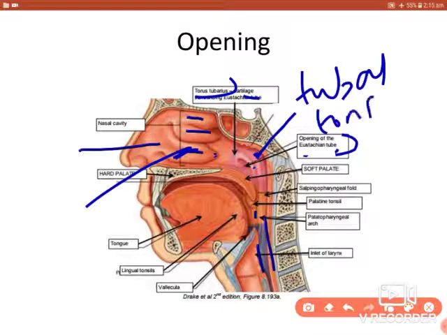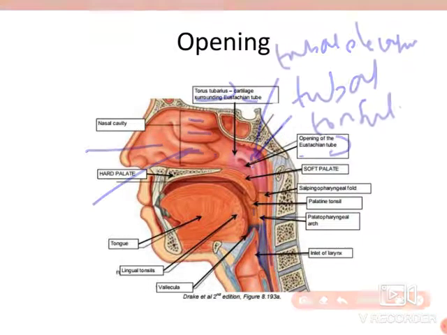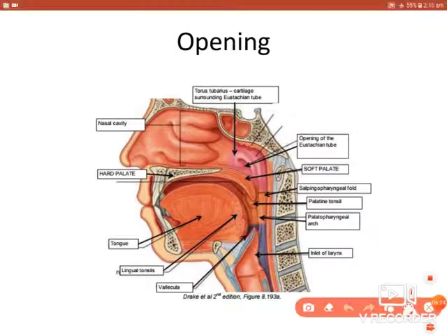So the tubal tonsil is a collection of lymphoid tissue there, and this elevation is called the tubal elevation. So in the lateral wall of the nasopharynx, you can see this is the opening of the eustachian tube.